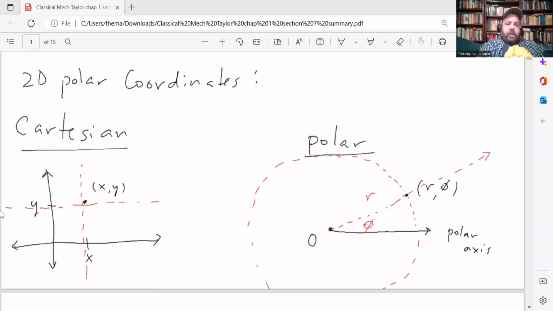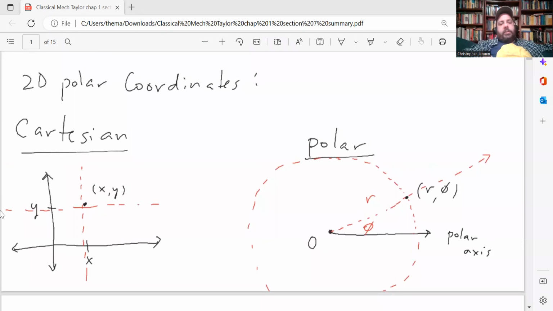Just to refresh your memory on the difference between polar and Cartesian coordinates. In Cartesian coordinates, to pick out a point in the plane, we pick two fixed axes that we call the x-axis and the y-axis, and we label them with a number scale on both, and they intersect at the origin, which has coordinates 0, 0.